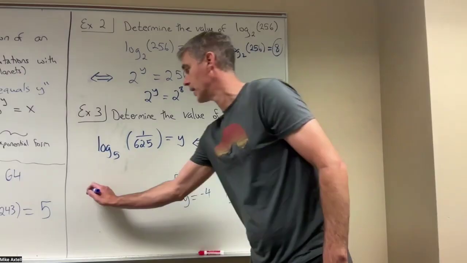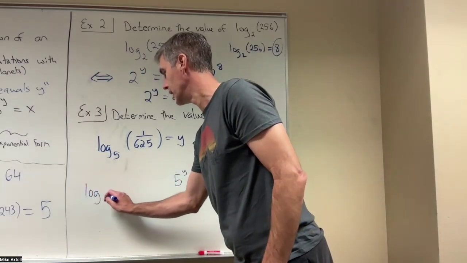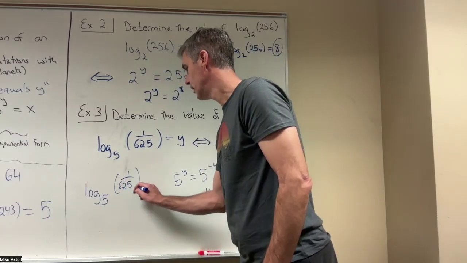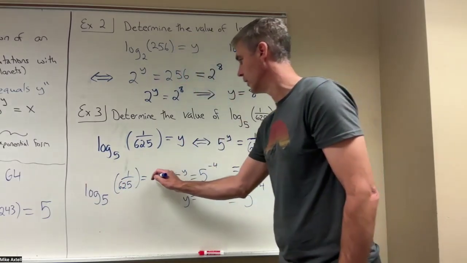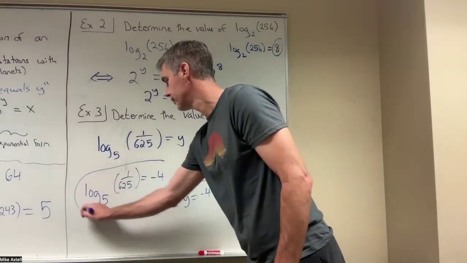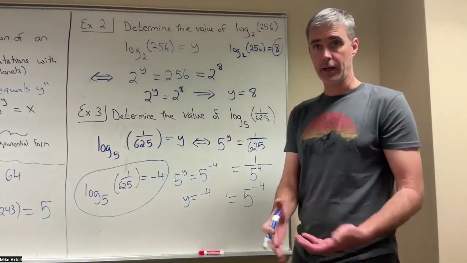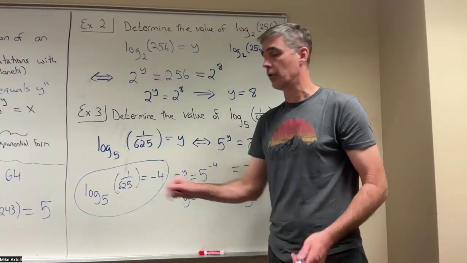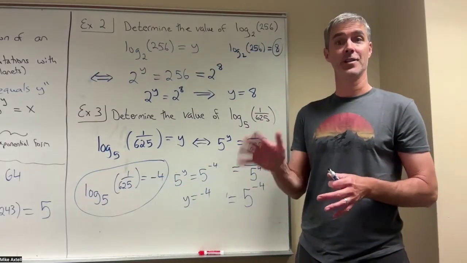Right? So to summarize, log base 5 of 1 over 625 is equal to that y value, which we now know is negative 4. Because 5 raised to the negative 4th power is 1 over 625.